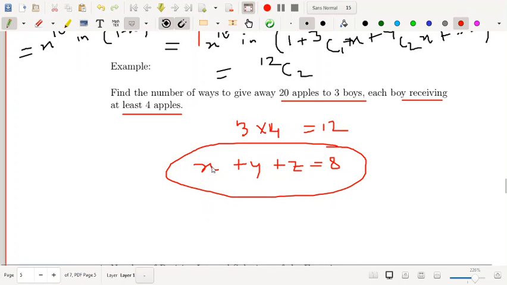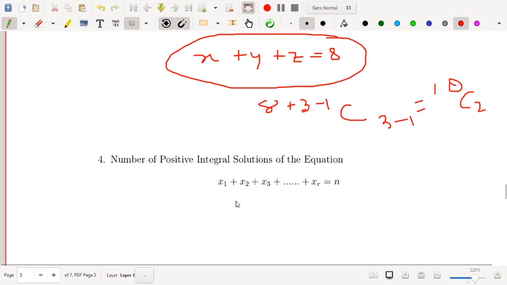That means one boy can get 0 apples also out of this, because at least 4 apples are already given to them. So this is given by the same formula, that is 8 plus 3 minus 1 c 3 minus 1, and that is equal to 10c2. Clear?